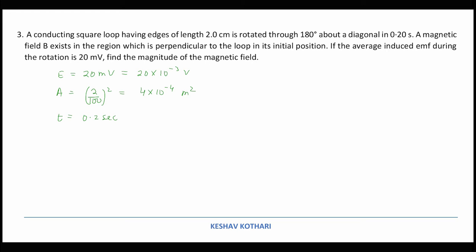Over here I can write one thing, that the initial value of flux is equal to B into A. On being rotated by 180 degree, the area vector and magnetic field vector will be anti-parallel to each other, and the value will become minus BA. This is something which must be kept in mind, and therefore the magnitude of change in flux will be equal to 2BA.